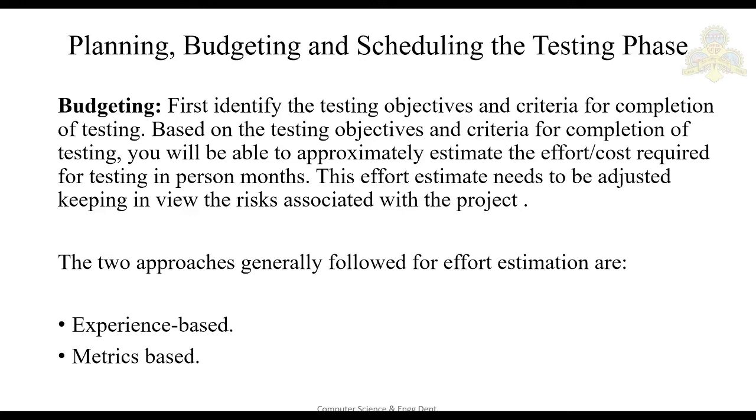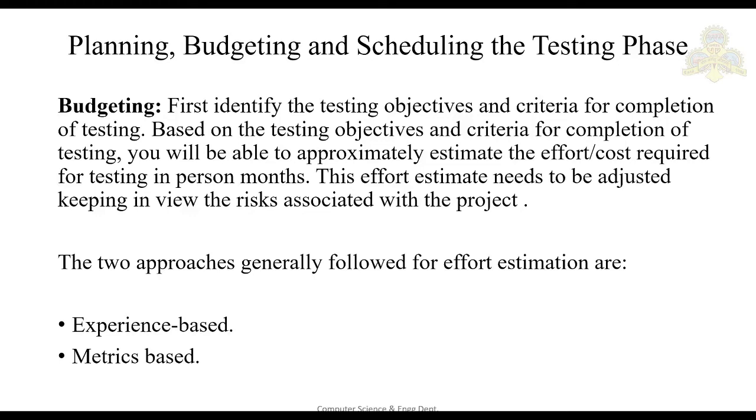But if you use a more scientific approach with metrics, suppose your organization has kept records of the projects it has executed earlier, such as the number of defects found. Having these historical records, you can find out how much effort is needed for your testing process.